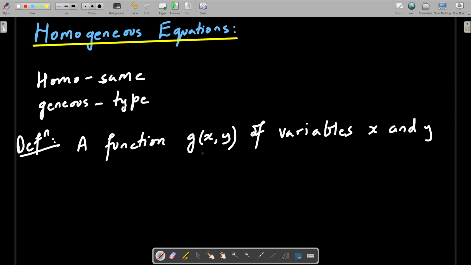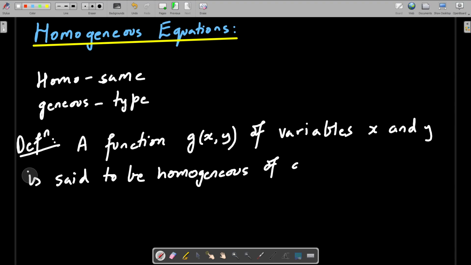Function g of variables x and y is said to be homogeneous of degree alpha, where alpha belongs to the set of real numbers.